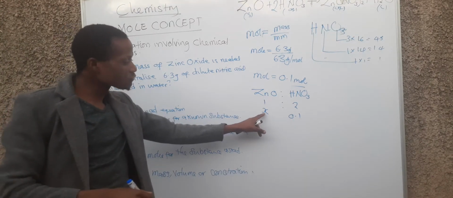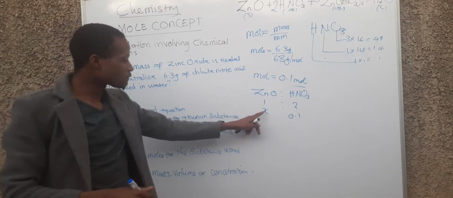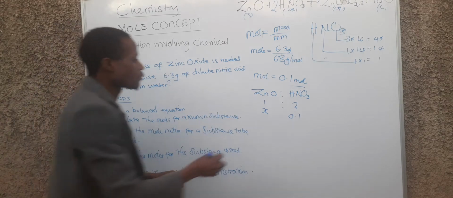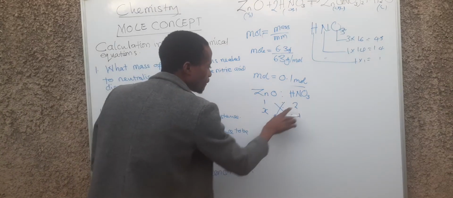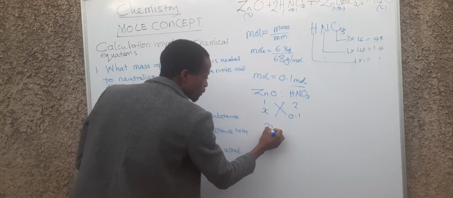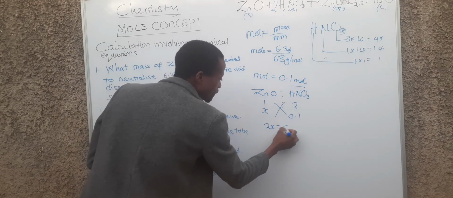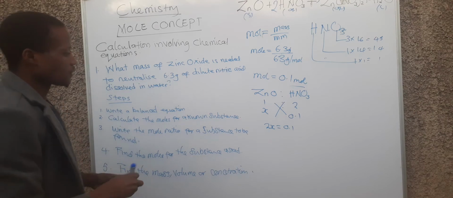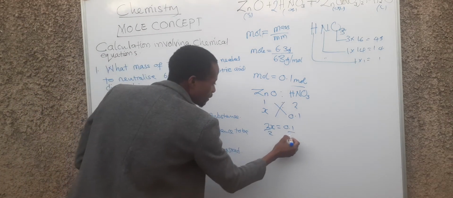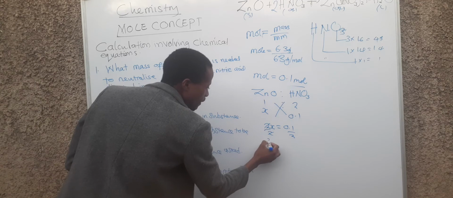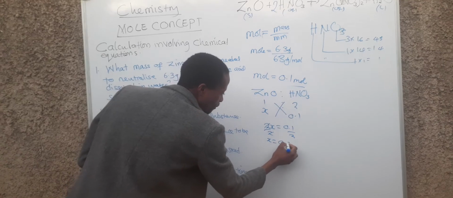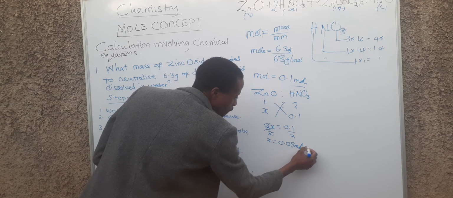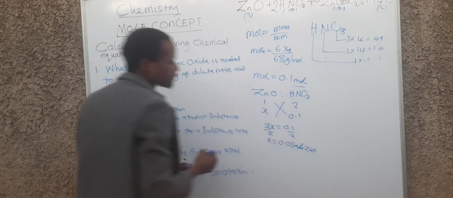So for us to find this X, which is the number of moles for zinc oxide, we have to cross multiply, which will give you 2 times X, 2x, which is equal to 0.1. Now you divide by 2, and x is equal to 0.05 moles of zinc oxide.